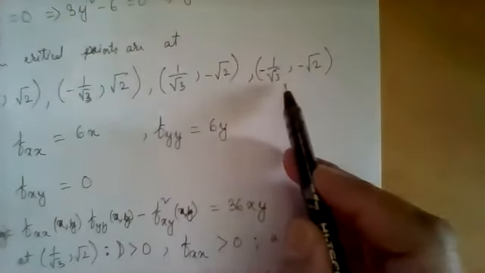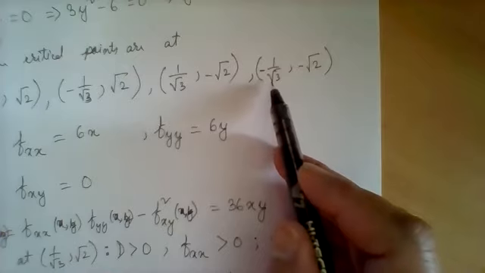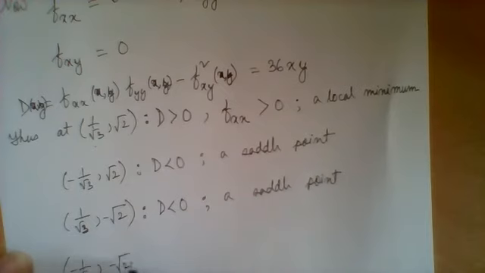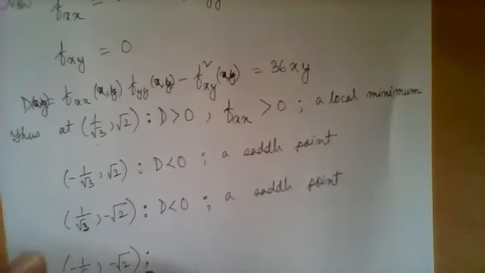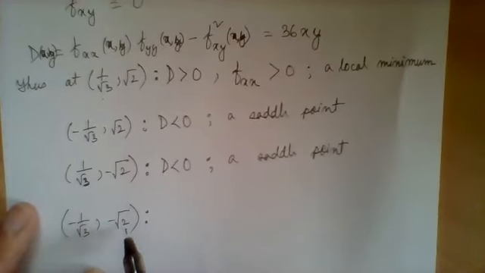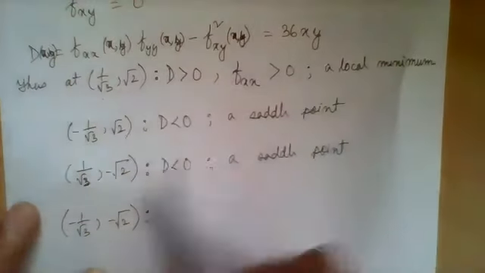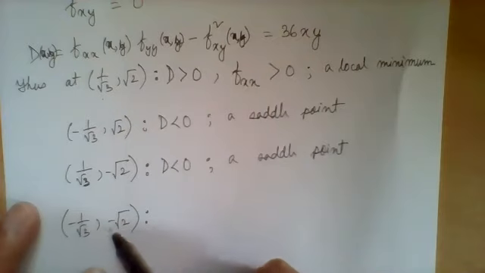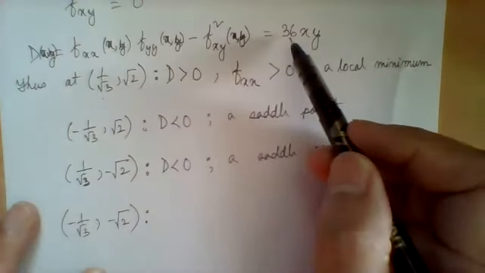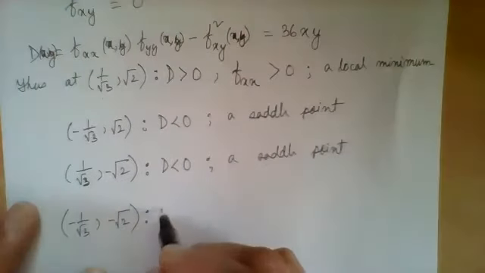Now let us look at the last point, which is minus 1 by root 3 comma minus root 2. Here both x and y are negative. Negative multiplication, xy will be positive, and 36 is again positive. So D is positive.